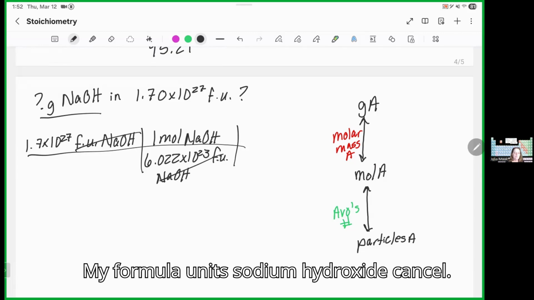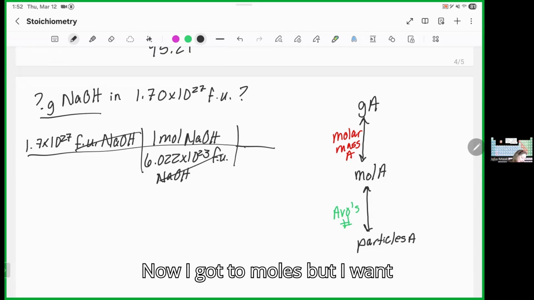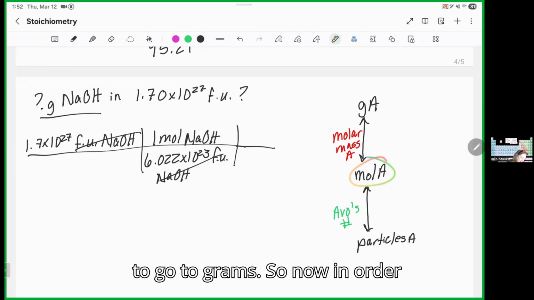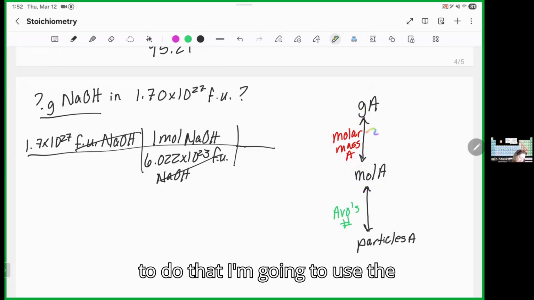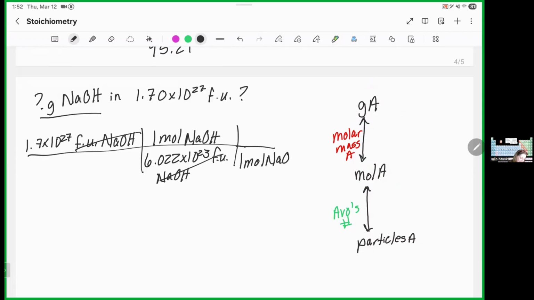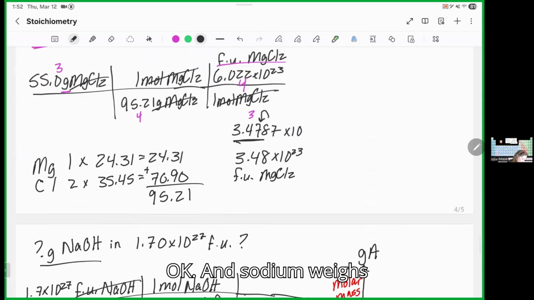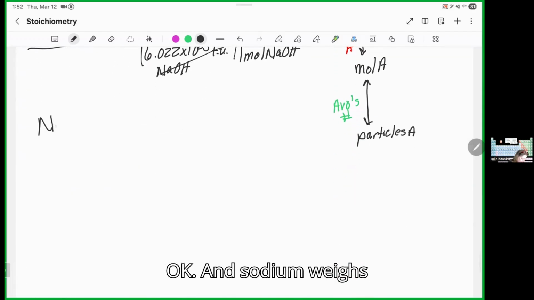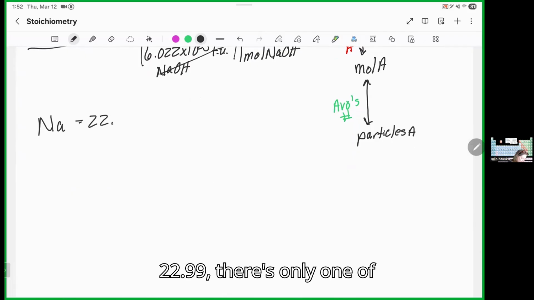My formula units, sodium hydroxide, cancel. Now I got to moles, but I want to go to grams. So in order to do that, I am going to use the molar mass of that chemical, with mole on the bottom to cancel. Sodium weighs 22.99.